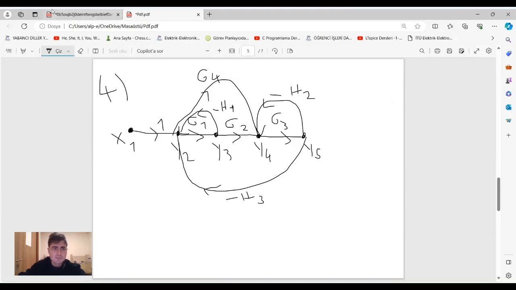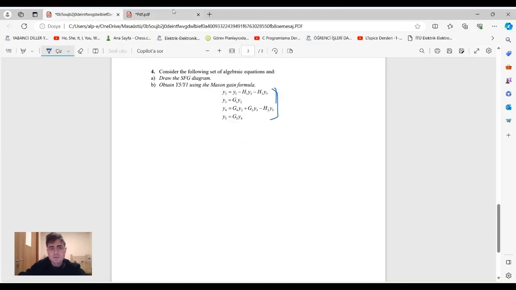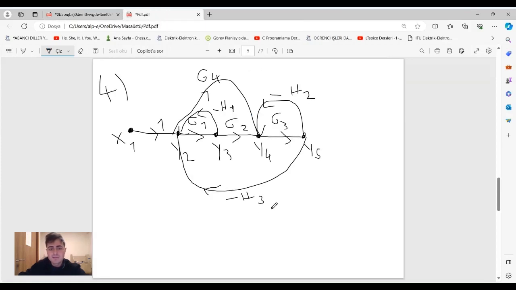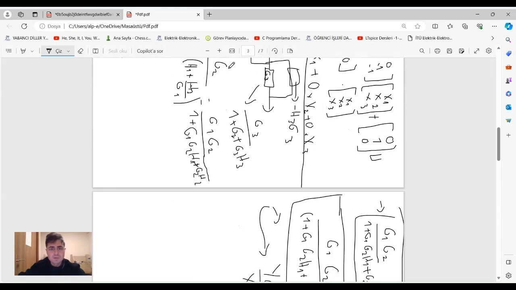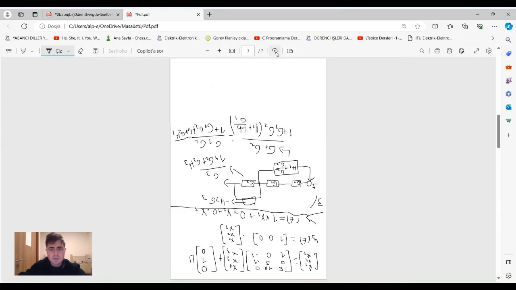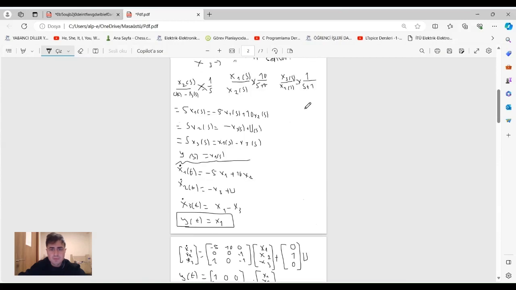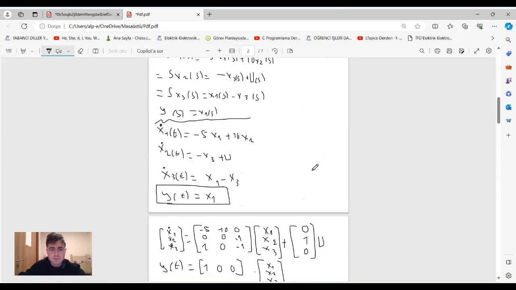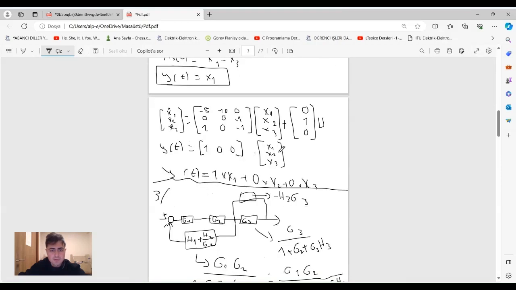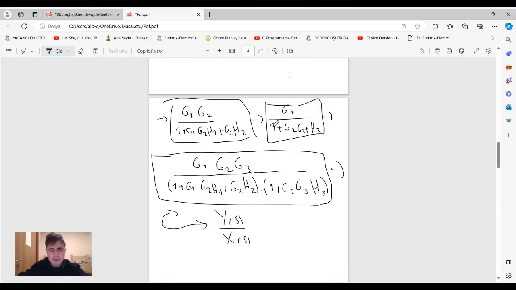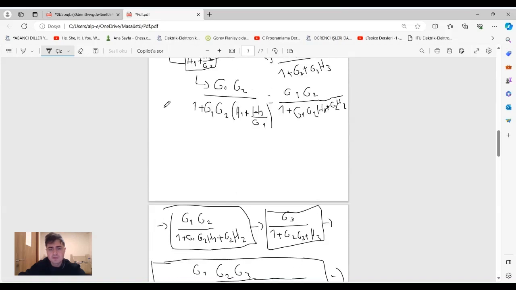Okay, this is it. This is the SFG diagram. And then we obtain E5 over E1 using the Mason gain formula. This is so simple because in the previous questions we already did it like this.